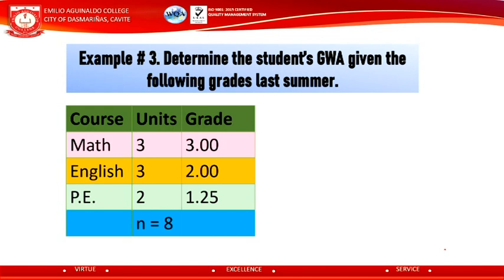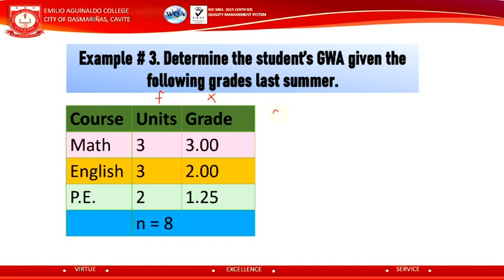This is just like the frequency distribution that we have solved earlier. The only difference is it is being represented using the units. This one is just like our frequency of occurrence, and this will be our score or our x.